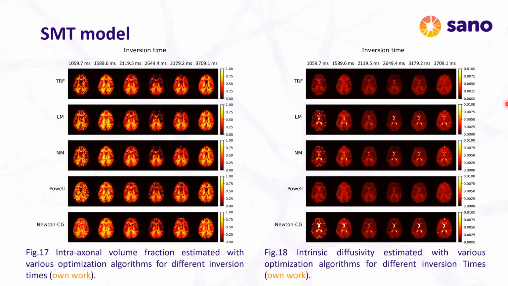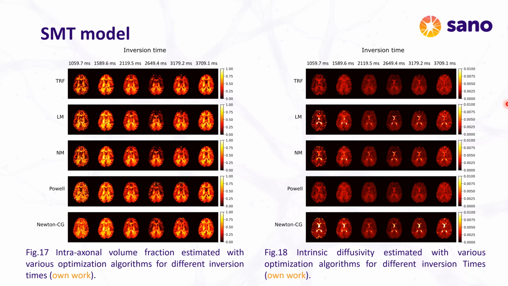In the qualitative analysis of the SMT model parameters, there is also a clear dependence of microstructural parameters on the inversion time values. In addition, mostly in the case of intrinsic diffusivity, we can see that only two algorithms, trust region reflective and Powell, function correctly.